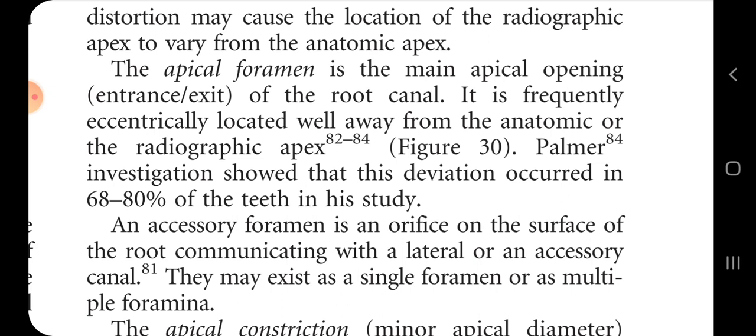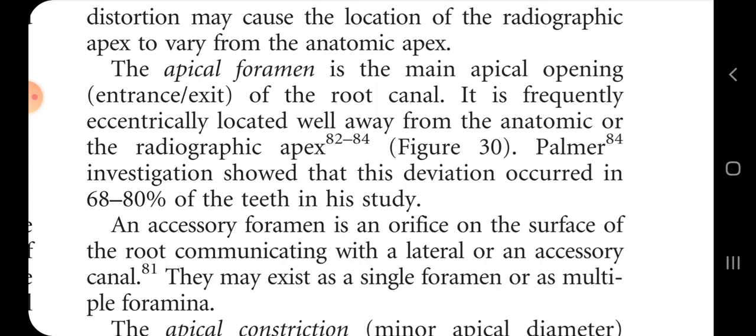The apical foramen is the main apical opening, that is, the entrance or exit of the root canal. It is frequently eccentrically located well away from the anatomic or radiographic apex.